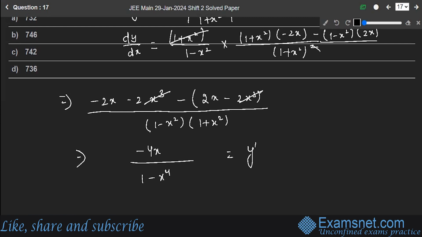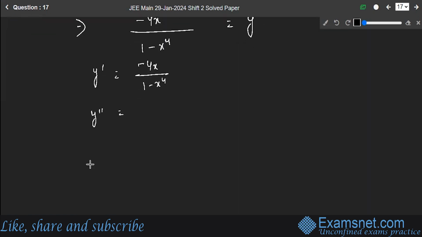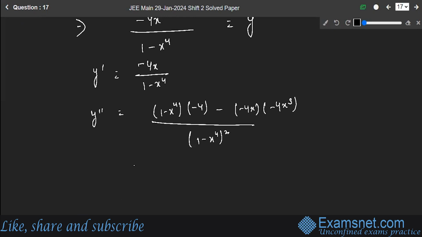Okay. Now let's find out the second derivative. Y dash was equal to minus 4x upon 1 minus x power 4. Second derivative, y double dash, is given by the derivative. Again, the same thing, denominator square. I'll write the denominator and derivative of the numerator minus numerator into denominator's derivative.